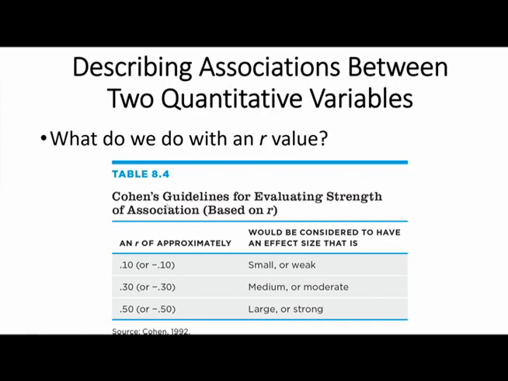This is where Cohen's guide for evaluating strength of associations for R comes in. It isn't agreed upon by everyone, but it is a pretty good standard to go with. If you have an R of around 0.1, we call that a small or weak correlation, a very small or weak effect size. Around 0.3, we could say that it's medium or moderate. And if we're up to 0.5 or higher, then it would be large or strong.